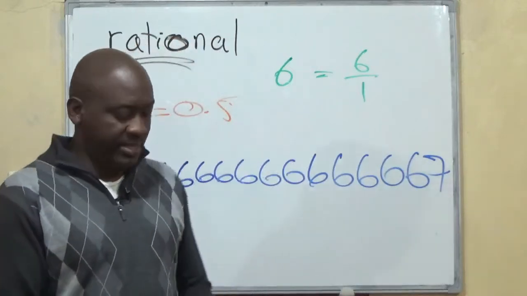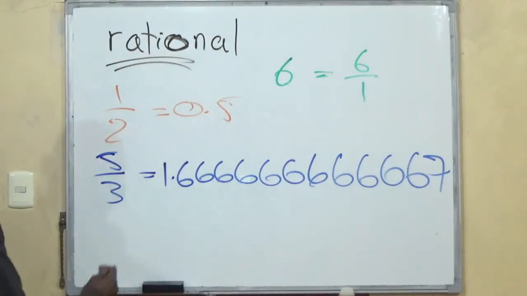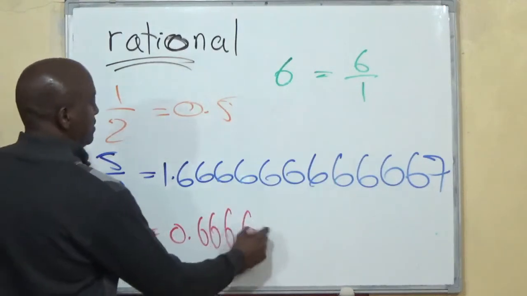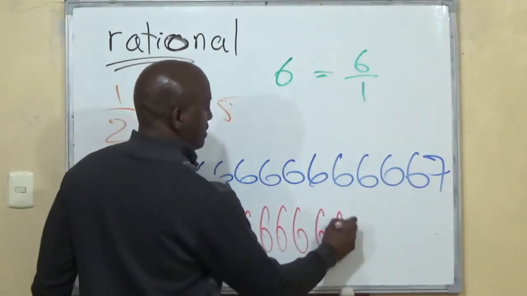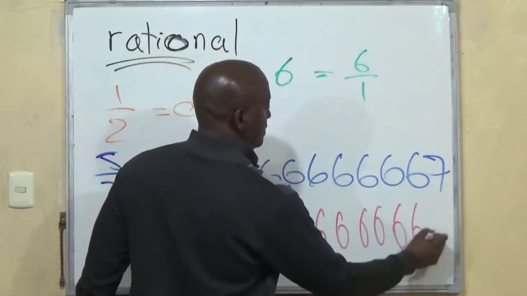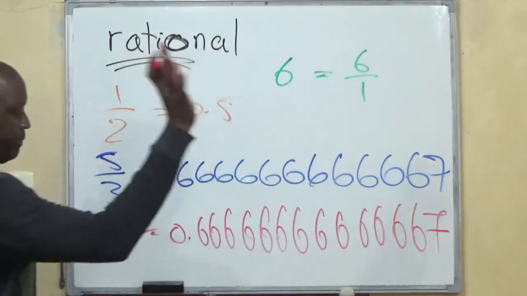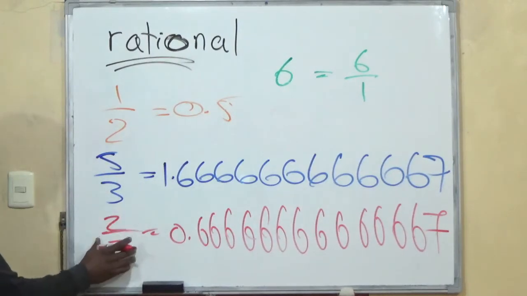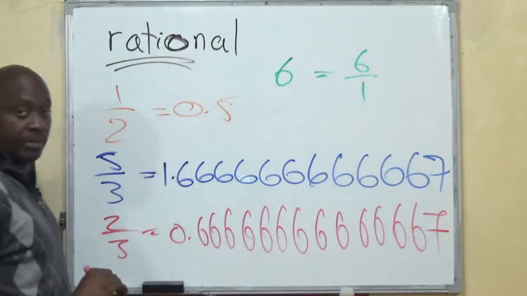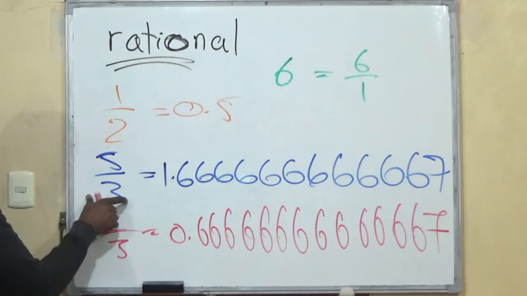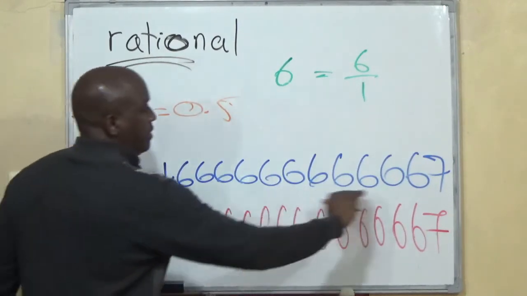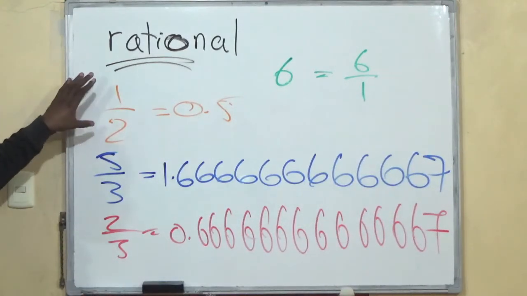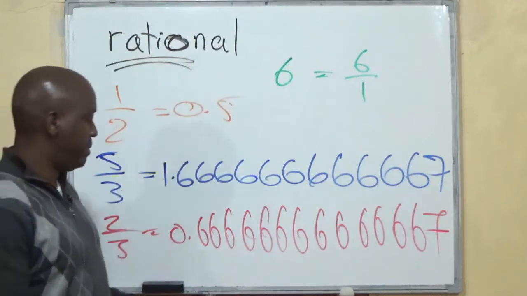So 2/3 as a decimal would be 0.666666666666666 going down the road. Proper fraction, ratio, irrational number. Improper fraction, ratio, irrational number. Proper fraction, ratio, rational number.